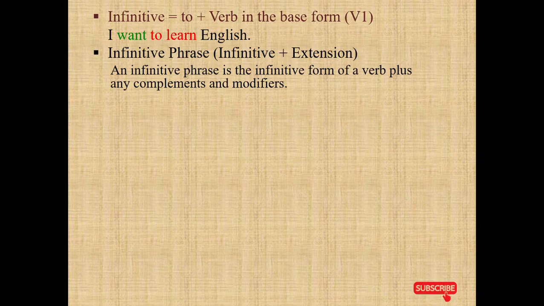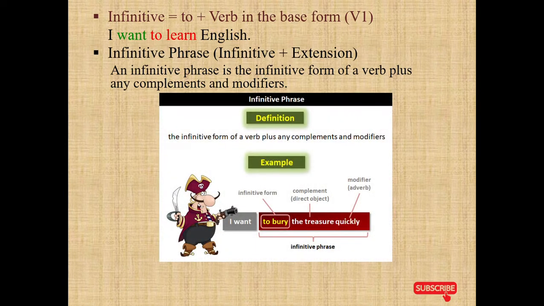An infinitive phrase is the infinitive form of verb plus any complements and modifiers. Look at the example. The person is saying, I want to bury the treasure quickly. So what does this person want?